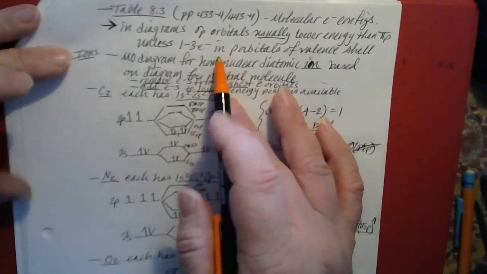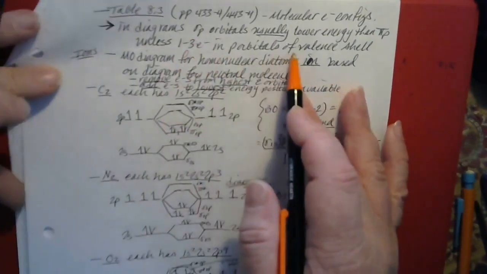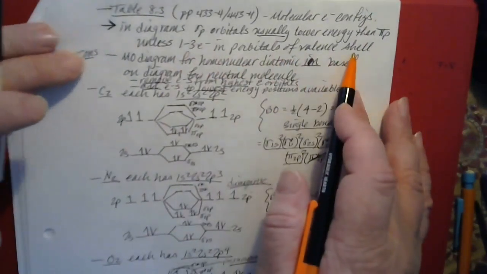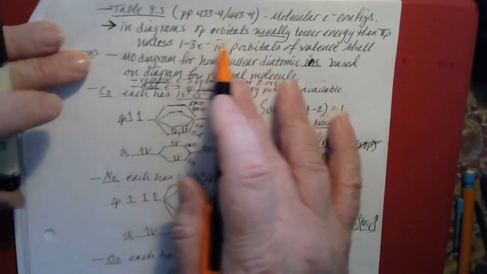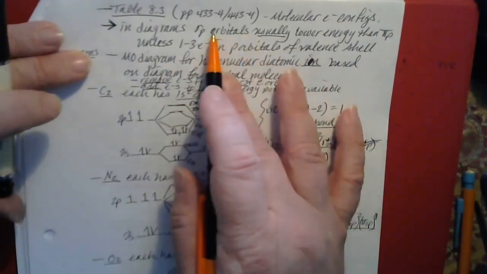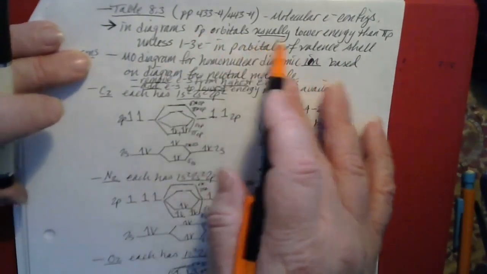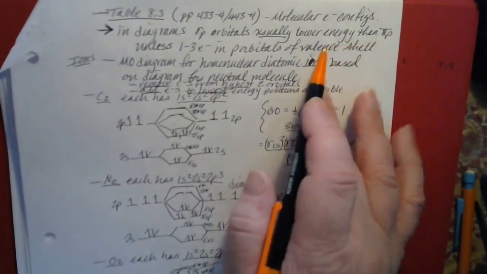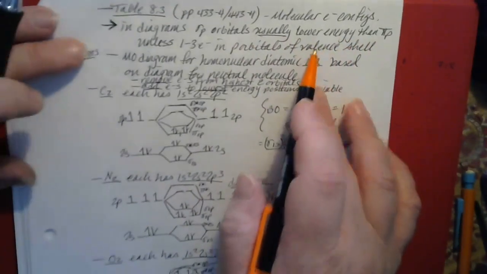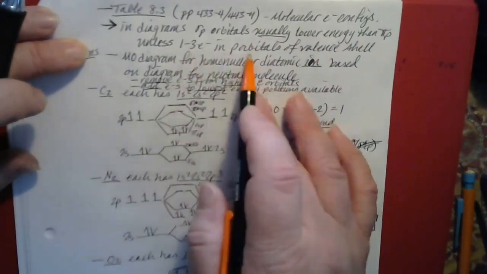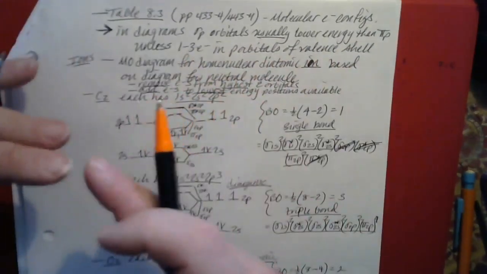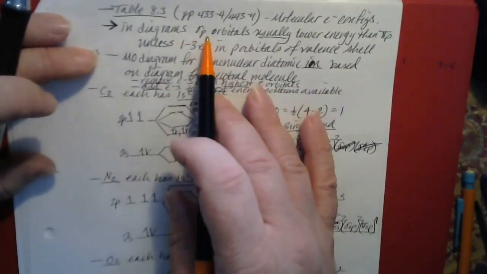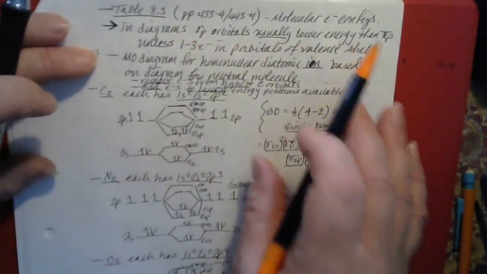If there are 1 to 3 electrons in the p orbitals of the valence shell of the atoms that are making it into the bond, then the sigma p orbital is actually not the lowest energy orbital. The pi orbital in that case would be the lowest energy orbital. So if you have more than 3 p electrons in the valence shell of the atoms that are going into the molecular orbital, then the sigma p orbital is lower energy than pi p.